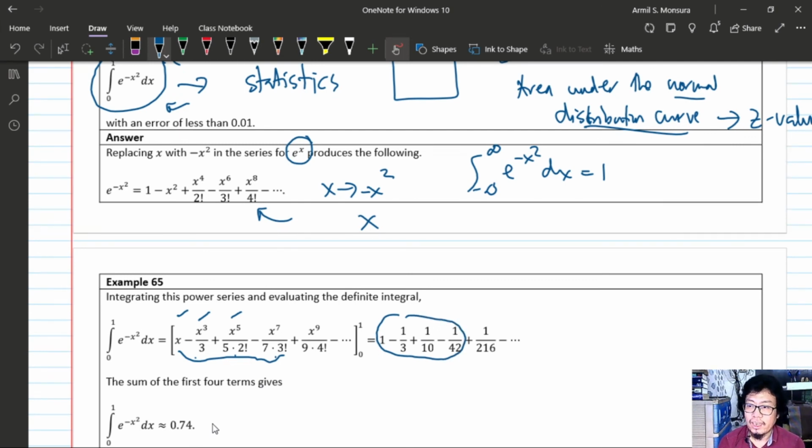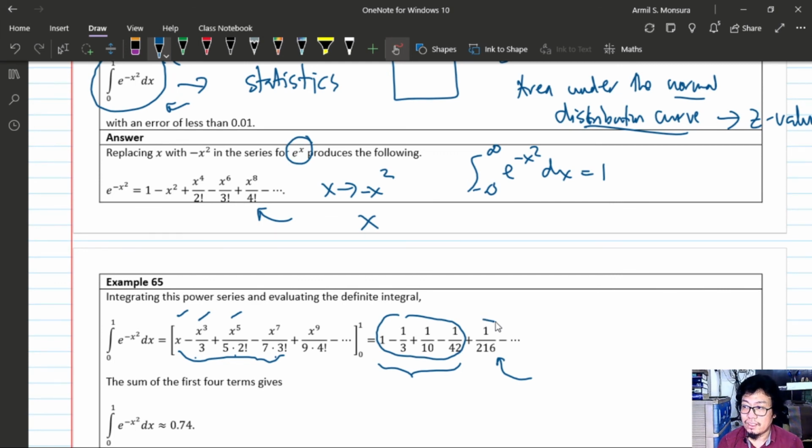And if you're asked for the error, this is actually the maximum value of the error for your approximate value of 0.74. By Taylor's theorem, this may be the first few terms of your approximation polynomial.